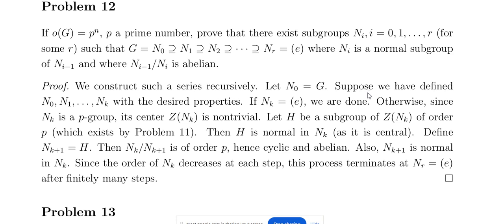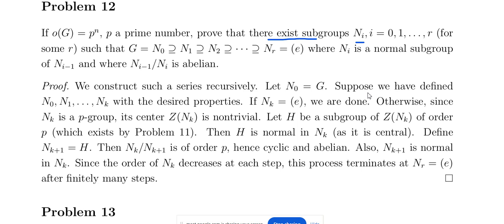Order of G equal to p power n, where p is a prime number. Then there exist subgroups Ni, i equal to 0, 1 up to r, such that G equal to N0 contains N1 contains N2 and so on up to Nr equal to the identity element.